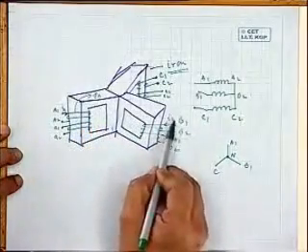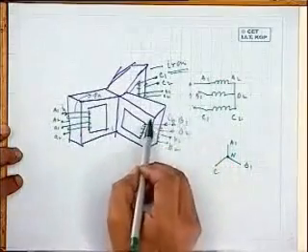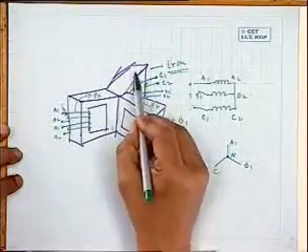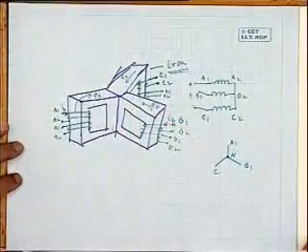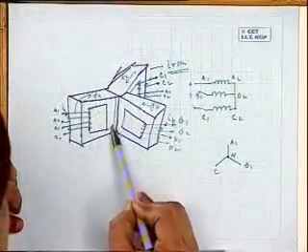Suppose this carries IA, it will produce flux phi A. Similarly, this is IB, which produces instantaneous flux phi B, and this is phi C. So three fluxes will be produced, which will be 120 degrees apart in time.